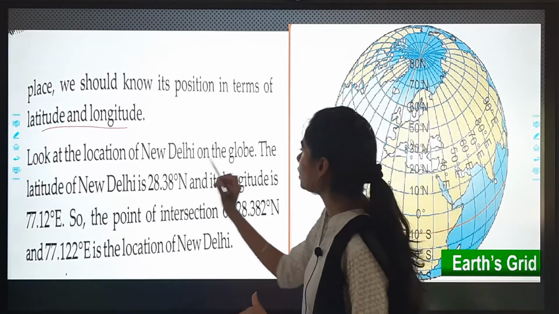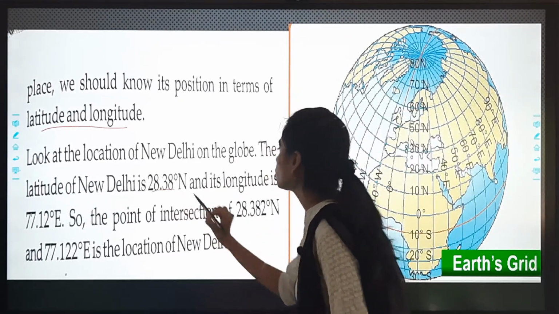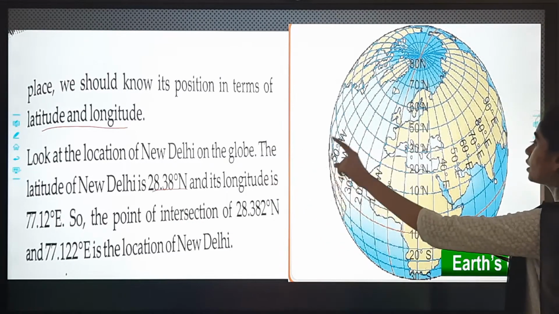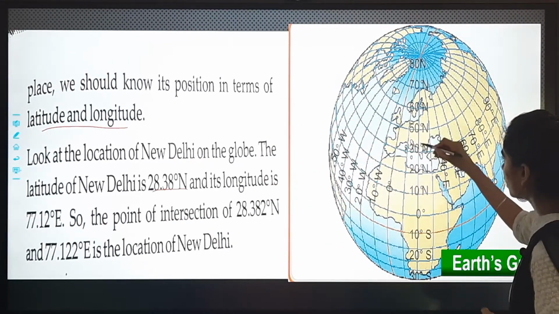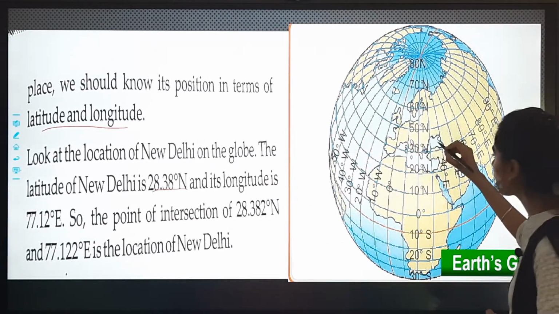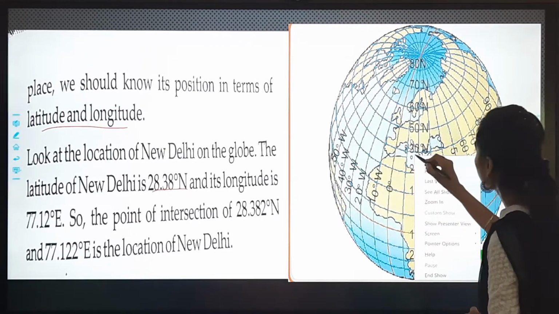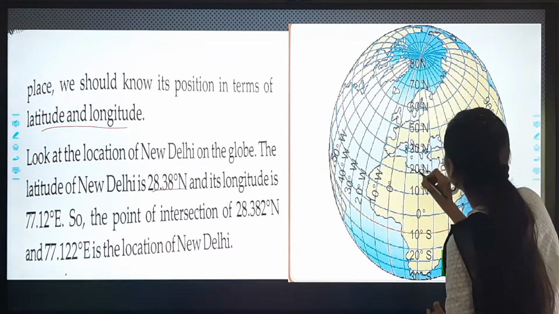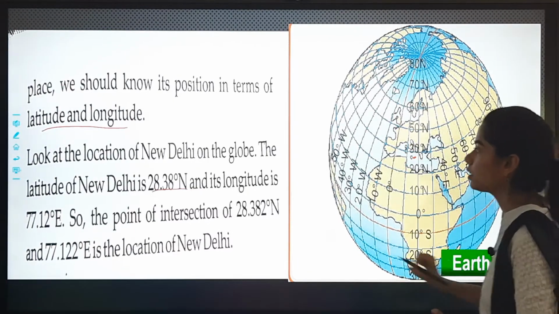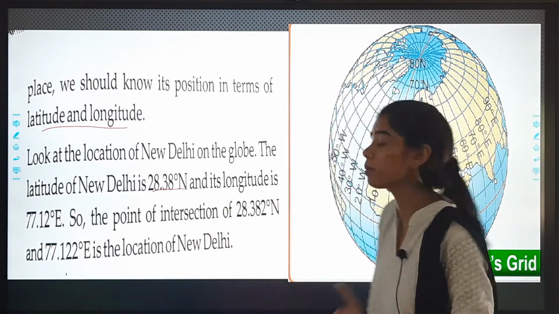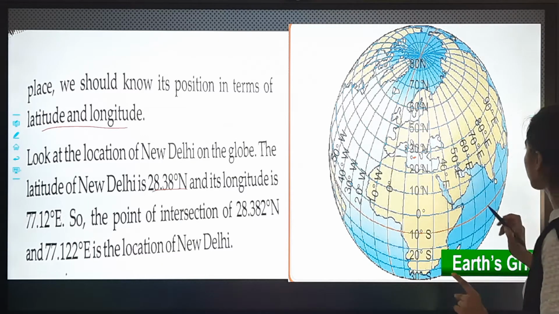For example, New Delhi is at 28.38 degrees north. Now see, that means between 20 and 30, if I say tentatively over here. And in longitude, 77.12 degrees east.